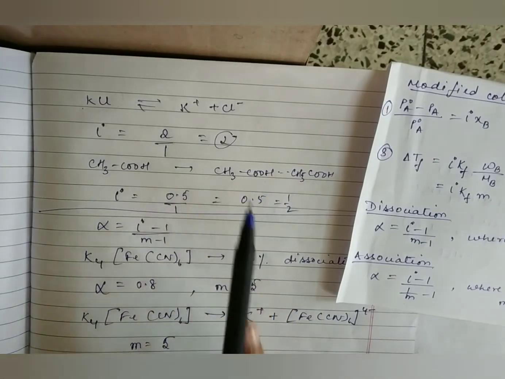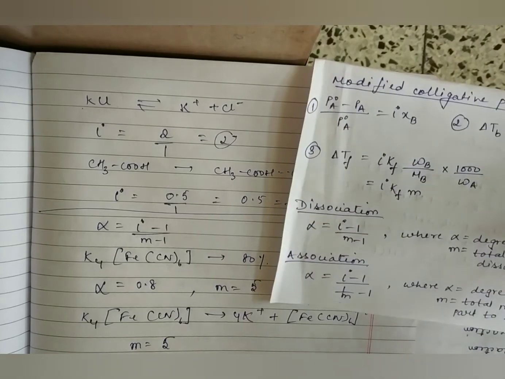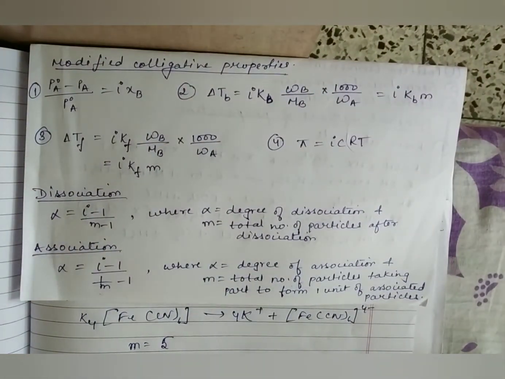So here m will be 2. Therefore we can calculate the Van 't Hoff factor for acetic acid by using this formula: alpha is equal to (i minus 1) by (1 by m minus 1).